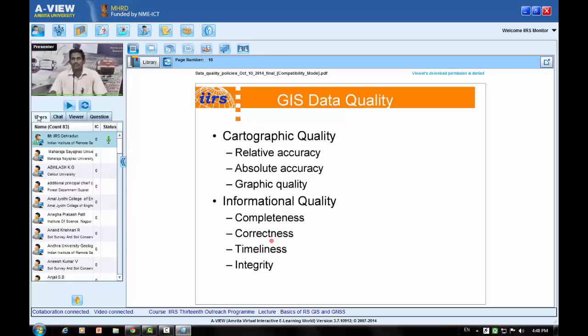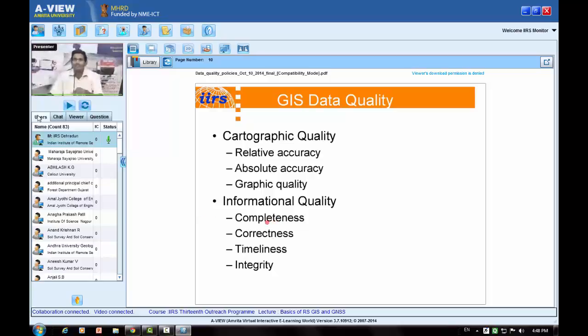A simple example is if you take cadastral information, telling about the land ownership of persons on the ground. Suppose you use some 10 years back data and try to correlate it with present conditions. The owners might have changed and your data is not correct. So the currency or timeliness of the data is also very important.